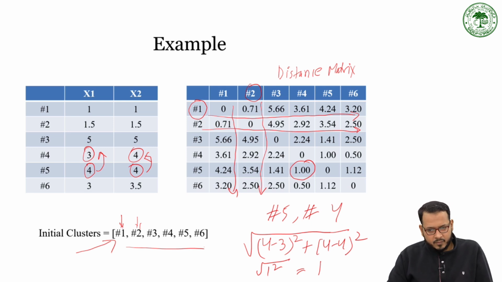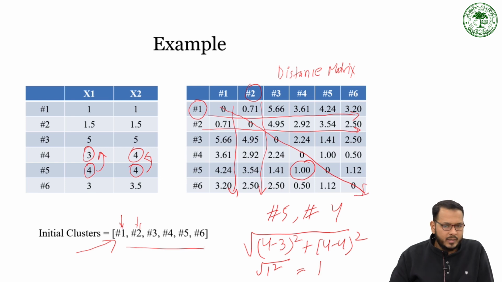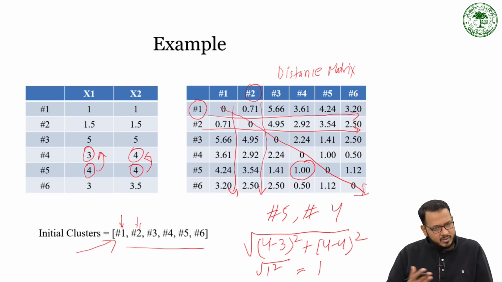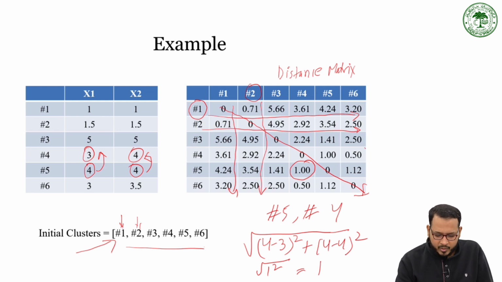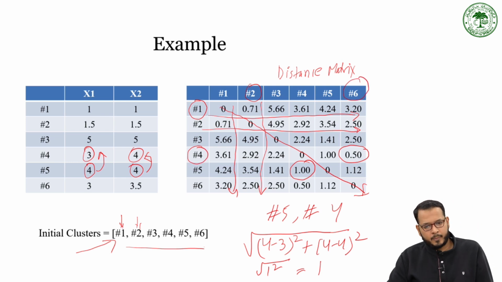If you observe this matrix, apart from the diagonal values, which we leave because they represent the distance from the same point, you will see that 0.5 is the smallest value and it represents the distance between cluster 4 and cluster 6.